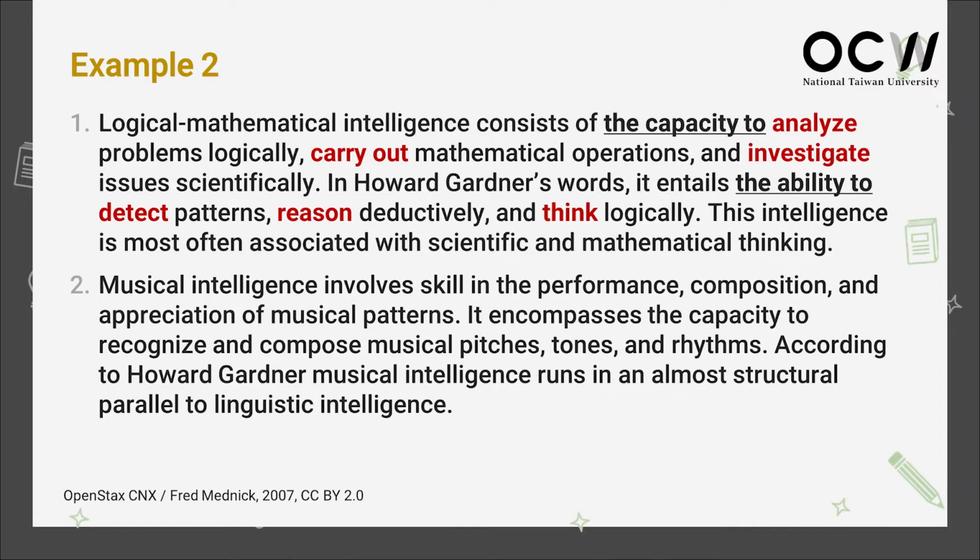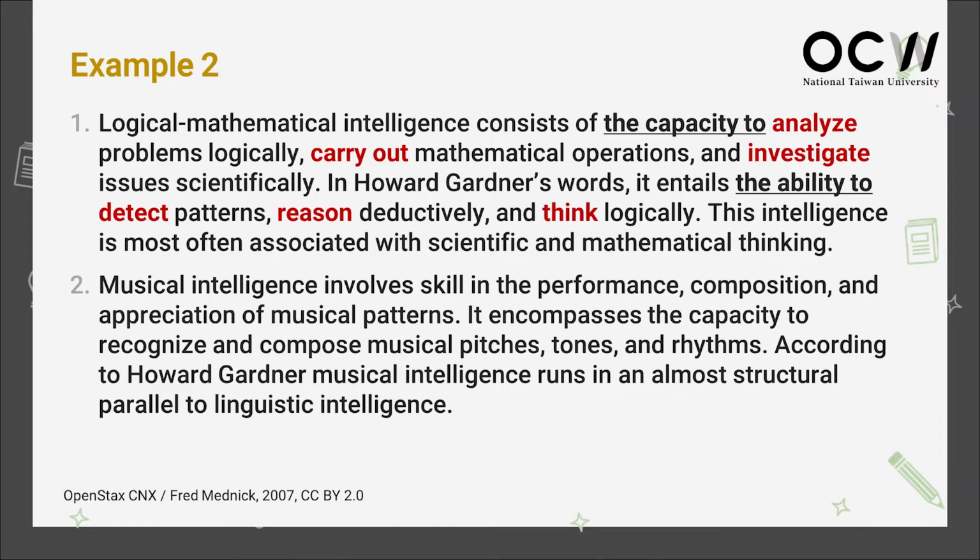All these are action verbs. By repeating these different action verbs, they are all talking about doing something, performing an action. And so this is the parallel structure that was used in paragraph 2, namely the repetitive use of action verbs, as well as the use of the capacity to and the ability to, similar grammatical structure.